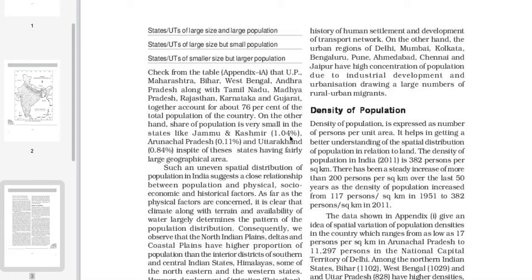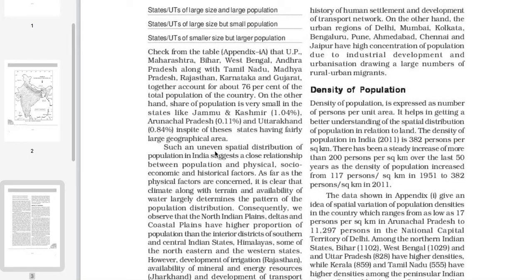Then Arunachal Pradesh, 0.11%, and Uttarakhand, 0.84% of the population. But here the geographical area is too large. Due to this uneven distribution of population, there are some factors which are responsible for this.